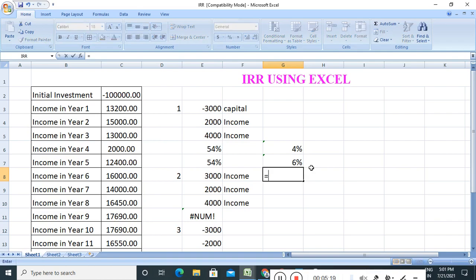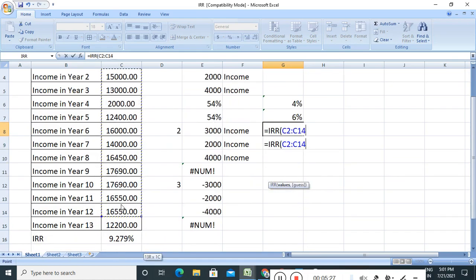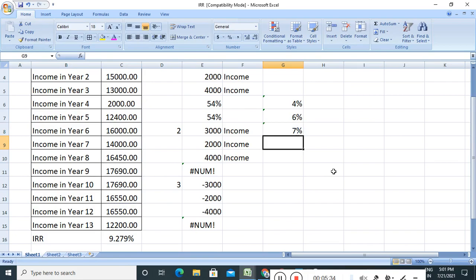If you calculate for 11 years, you can check how much you are getting. Let me go beyond 11 years. You see the answer, it is 7%. So yearly, this is the 9th year, this is the 10th year, this is the 11th year.